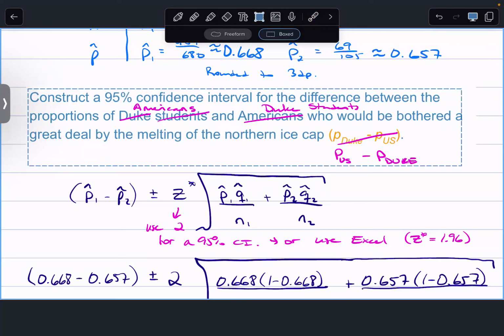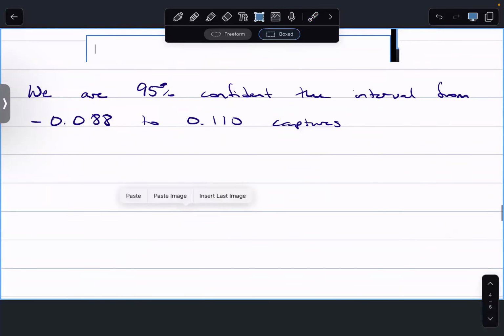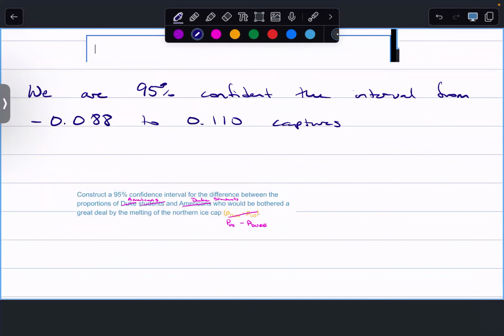I'm just going to copy this and I'll write it out and then I'll delete that. So captures the difference between the proportions, oops, only because that copy paste looks so messy.